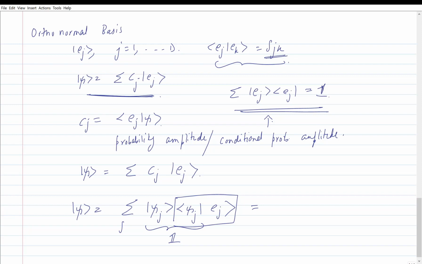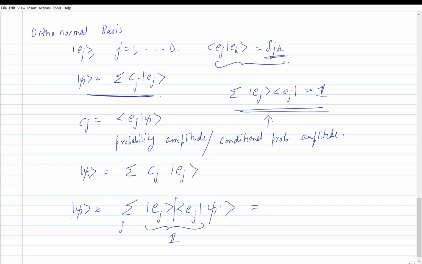Sorry, I screwed up the notation a bit. Let's say the basis vectors were ej, and let me call the vector psi.